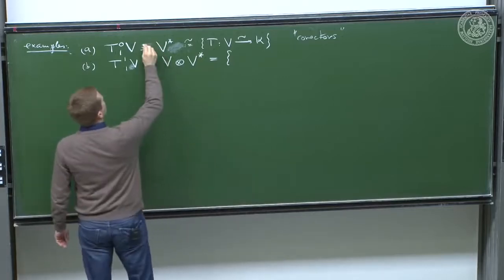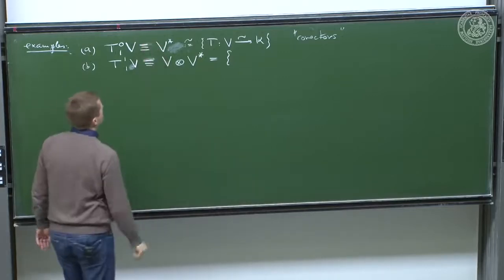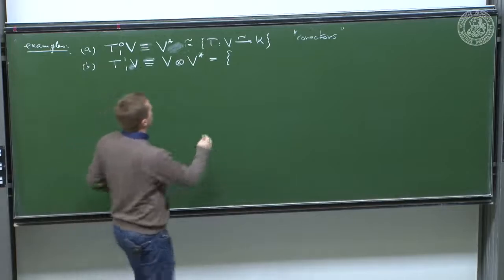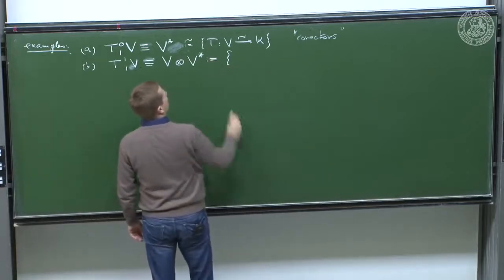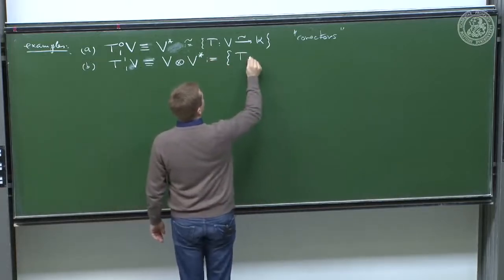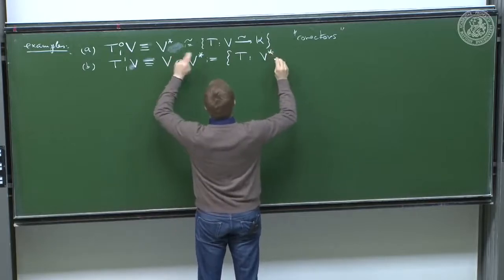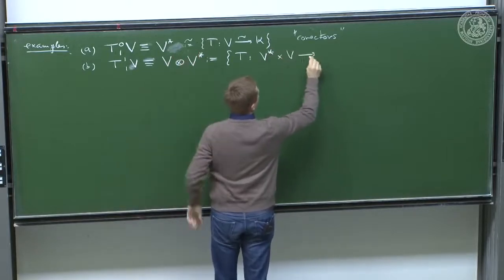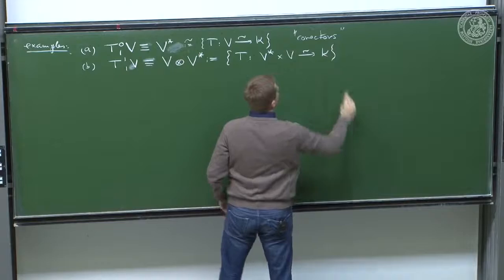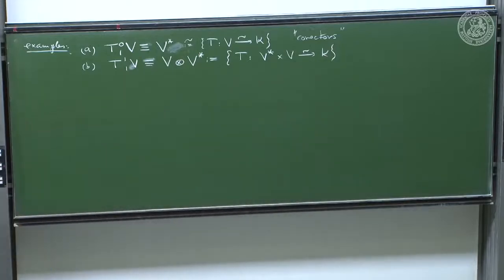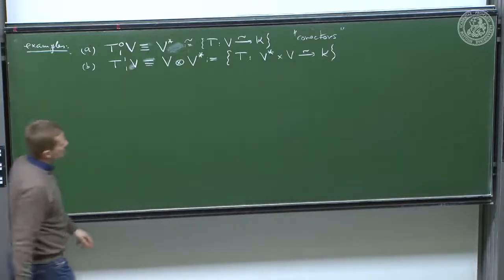So this is the definition, I have this triple. It's just another symbol for the same thing. And actually, the definition starts here. So those are all the multilinear maps from V star cross V multilinearly into K. And the question is whether we already know such objects.